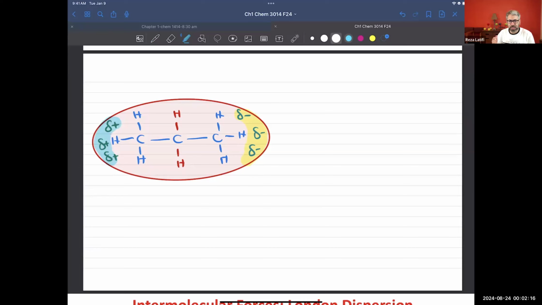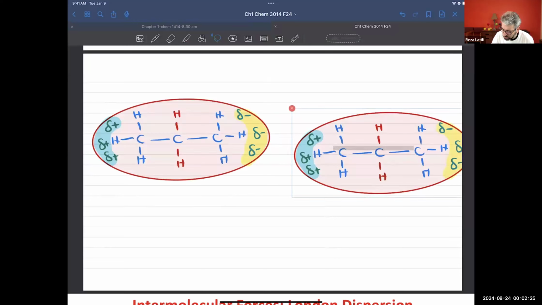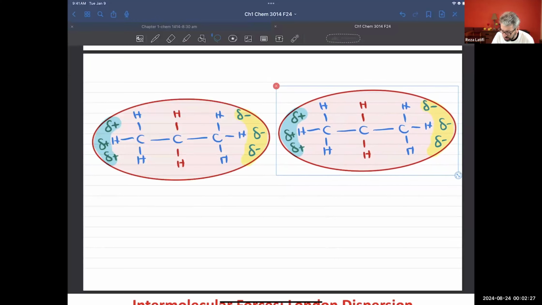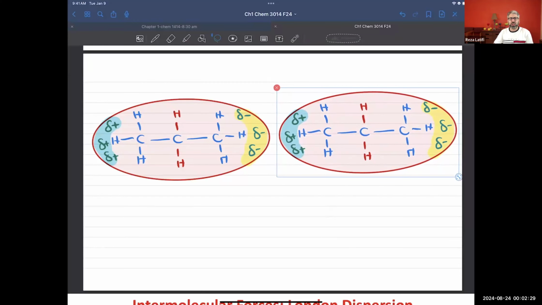Can I have such a distribution inside another neighbor molecule? Yes, it can happen. And now what will happen if these 2 molecules see each other and get close to each other? Now we will have positive charges facing negative charges, and very soon we're going to get interaction between them.